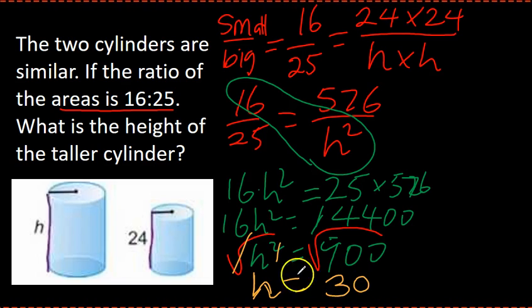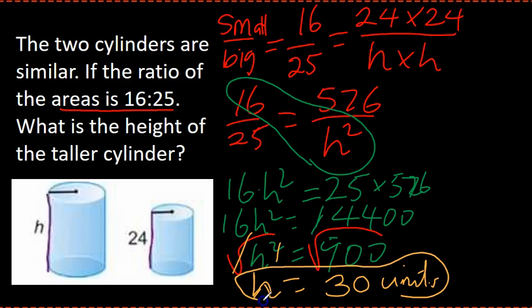This is height, so it is not area or volume. It is one-dimensional, so we just put units. 30 units. It is not square units or cubic units, it is just units because it's one-dimensional.